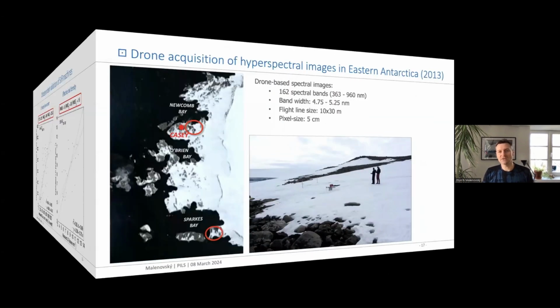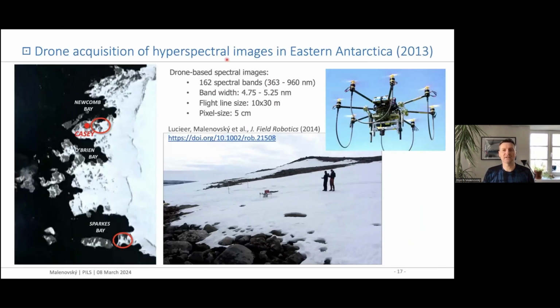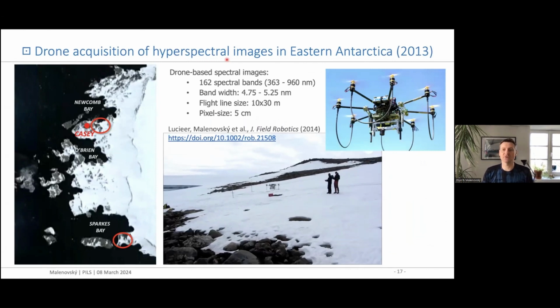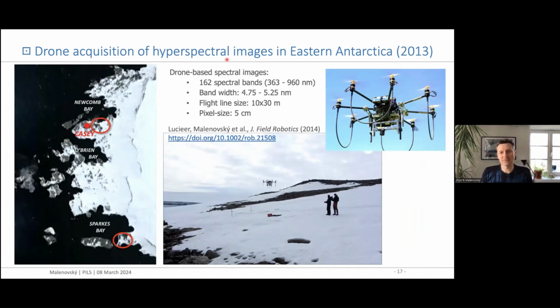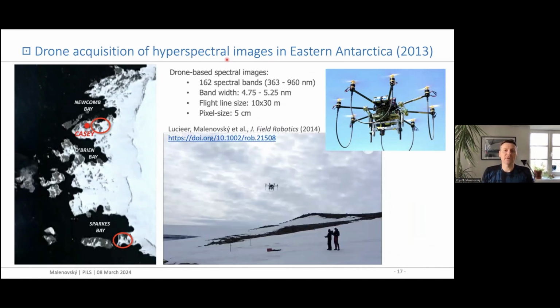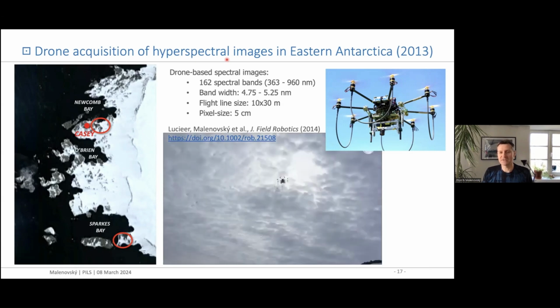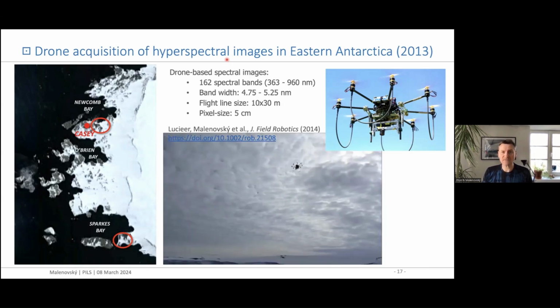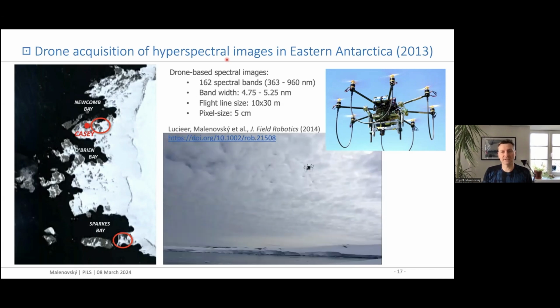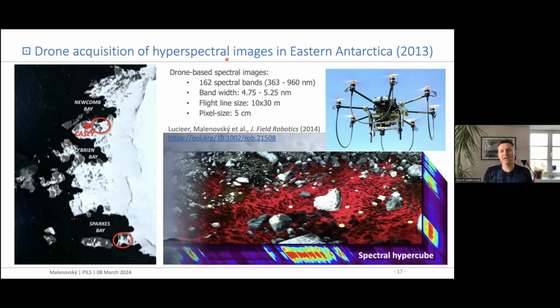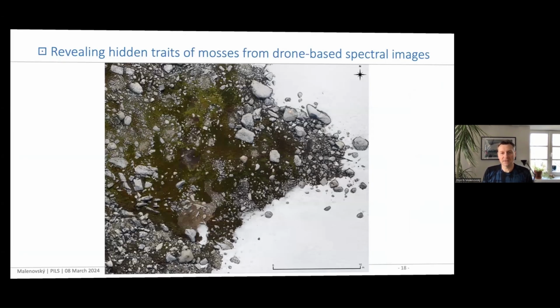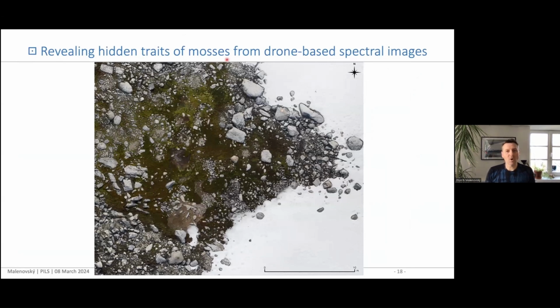And then we flew over 2 moss beds in eastern Antarctica, close to the Casey Polar Station from the Australian Antarctic Division. We acquired VNIR hyperspectral data of 162 bands, and basically then applied our support-vector regression per pixel on the moss canopy.